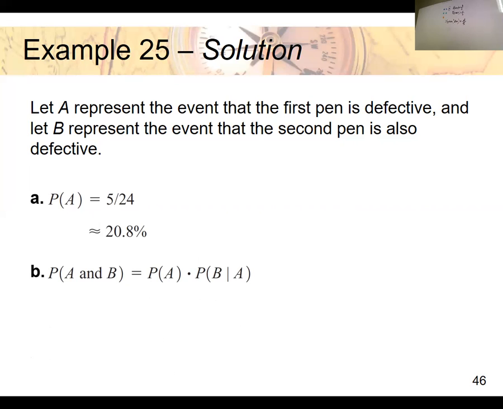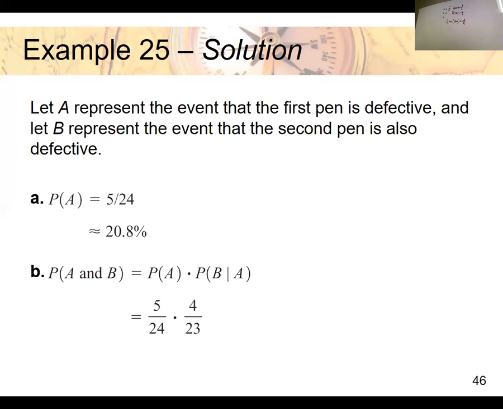All right, now in part B, this is where we use the probability of A multiplied by the probability of B, given that A has already happened. Okay, 1 at a time, he draws 2 pens. The first pen will be defective, the second pen will also be defective. So here's how we compute that probability.